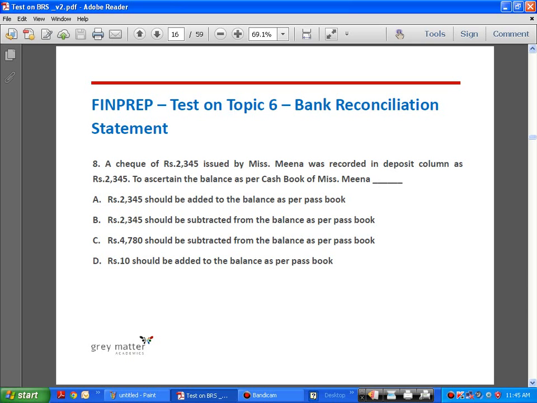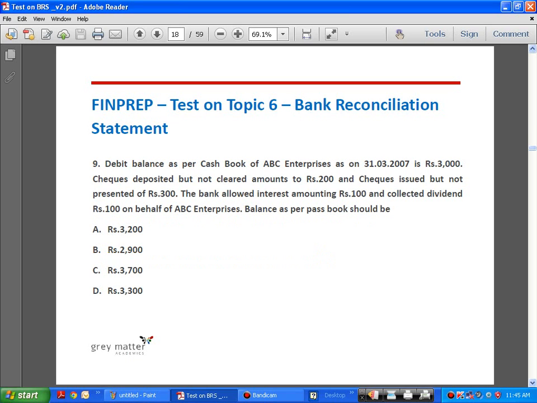So here a check which was issued, instead of being recorded in the withdrawal column, was recorded in the deposit column wrongly by the bank, which means the balance as per the bank statement is higher than the balance as per the cash book. Since we are moving from a higher balance to a lower balance, we have to subtract 2345 plus 2435. So 4780 should be subtracted from the balance as per passbook.